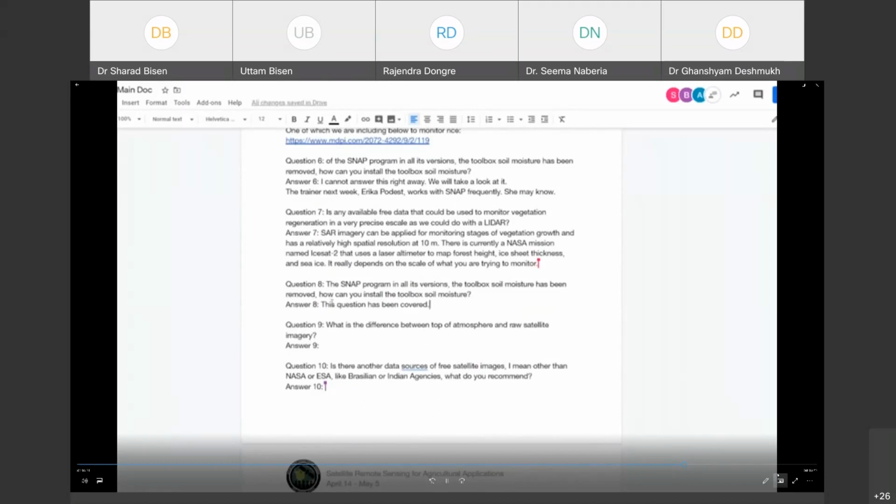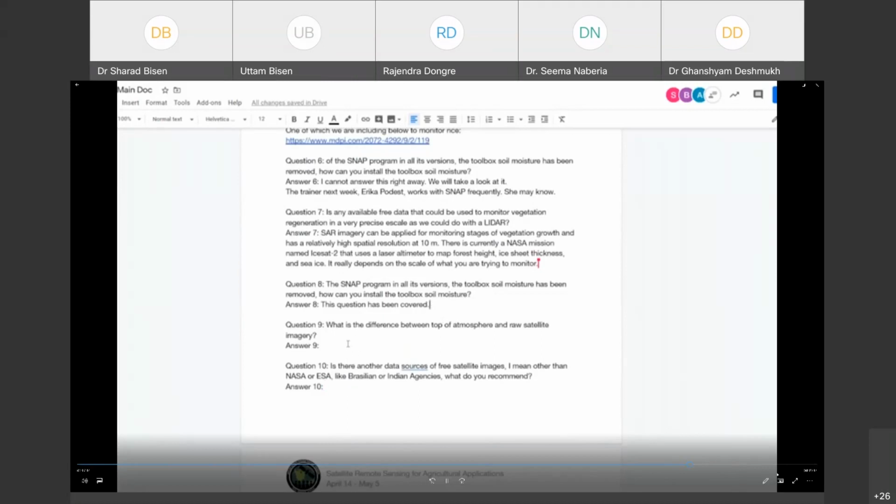For a much coarser resolution, there is a mission that launched quite recently, I believe last year, named ICESat-2, and that uses a laser altimeter to map forest height, as well as ice sheet thickness and sea ice. So that could be potentially applicable to the type of research that you're trying to conduct. But again, it really depends on the scale in which you're trying to monitor vegetation regeneration. There are a number of methods out there, and we hope to provide some links to those before we upload it to the RSET webpage.